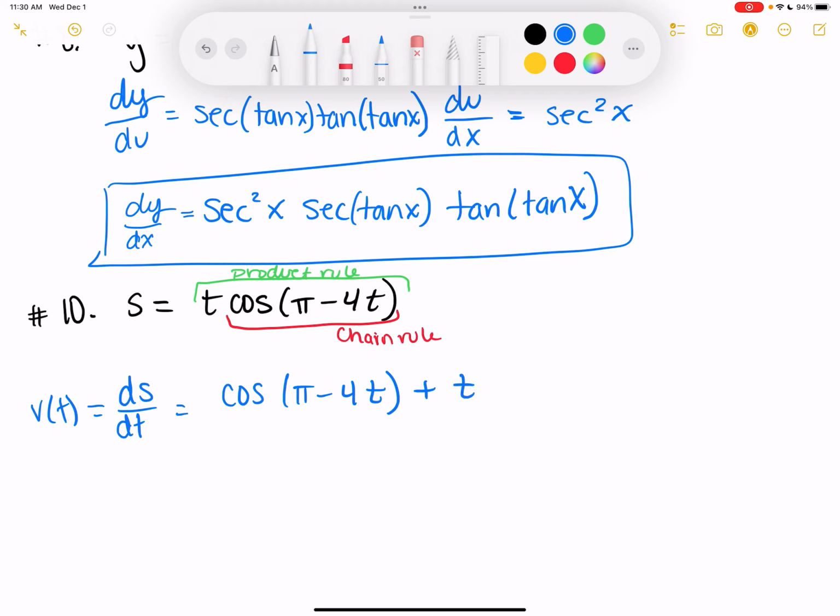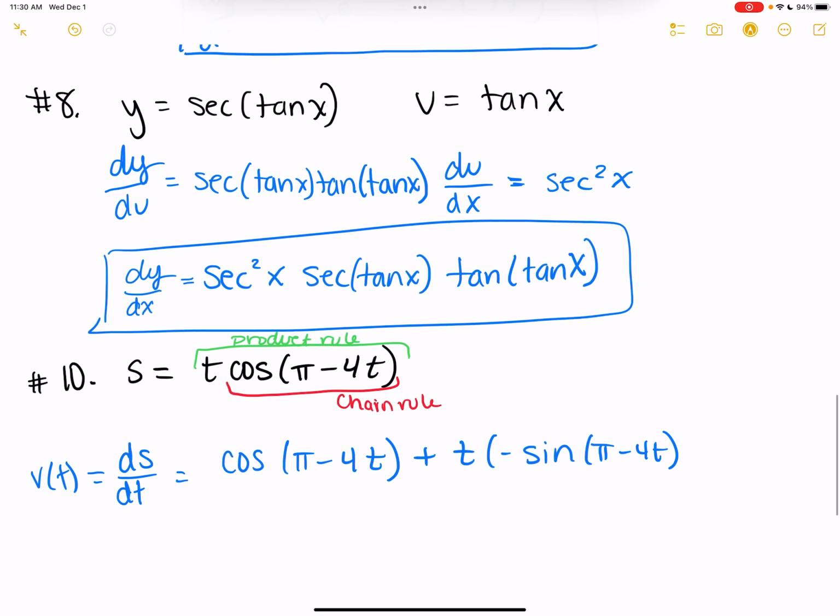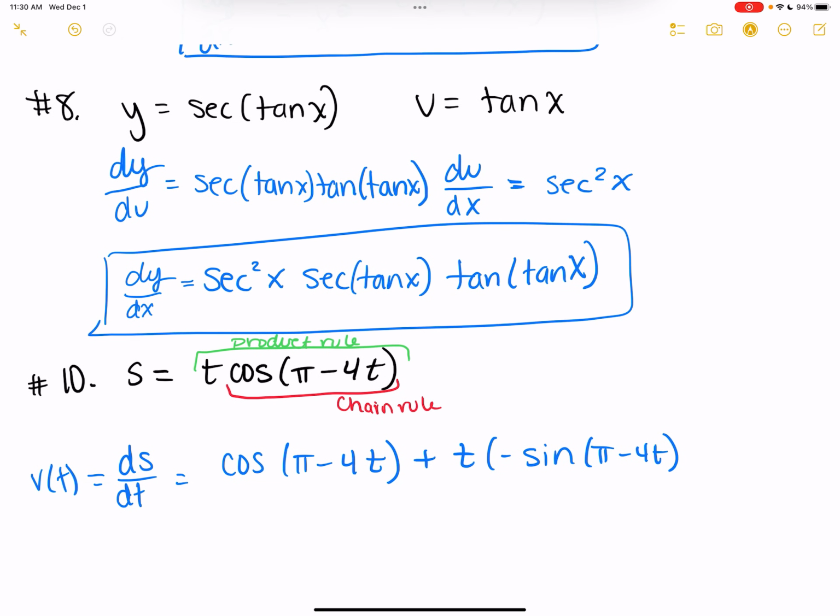So the derivative of cosine is what? Negative sine of, we copy it down, pi minus 4t. And then that gets multiplied by the derivative of the inside, so it's the derivative of pi minus 4t.